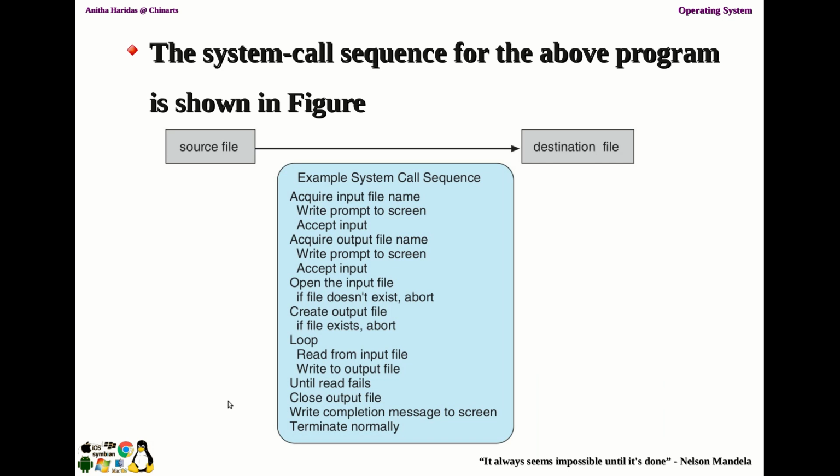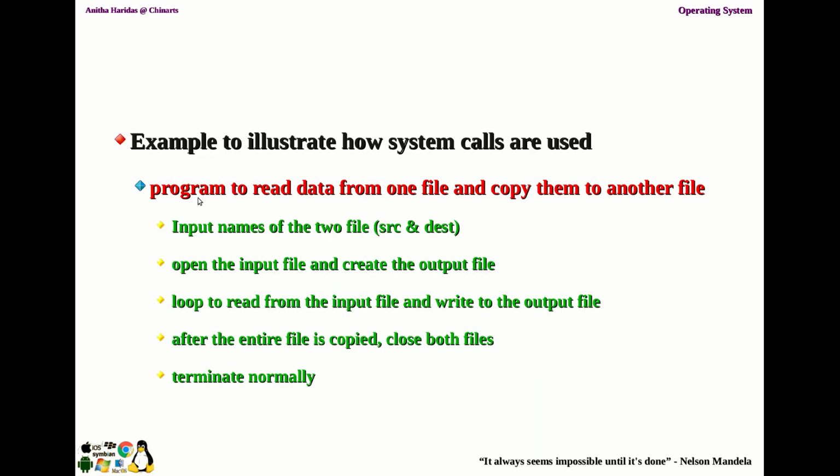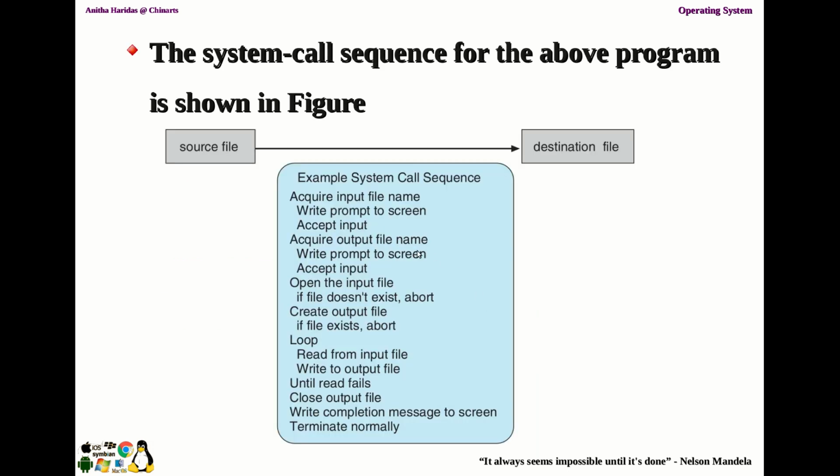So now you can understand that for a C program, something like this, you need to have the system calls to invoke the services that are provided by the operating system. So this is how the system call sequence happens.